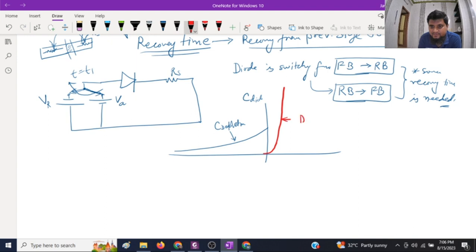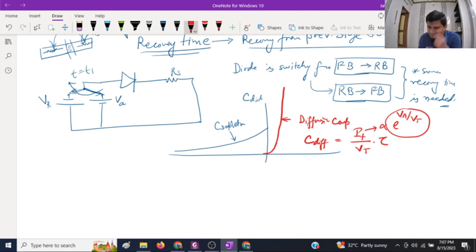So this is your diffusion capacitance, C diffusion, which is equal to I forward divided by Vt into tau, because IF is proportional to e to the power Va upon Vt, and that's why it is exponentially increasing.